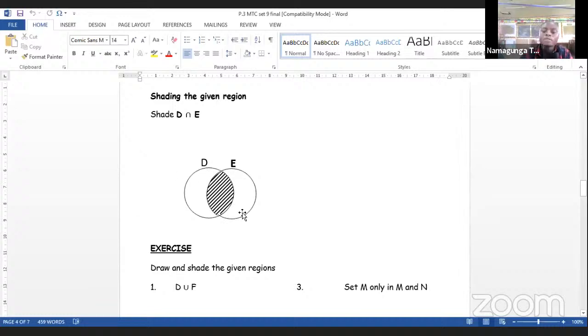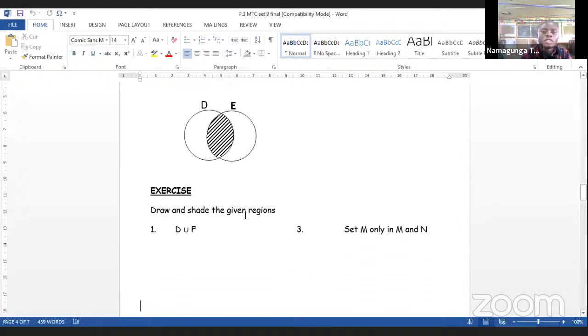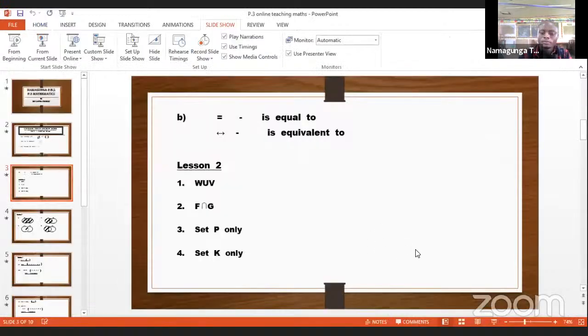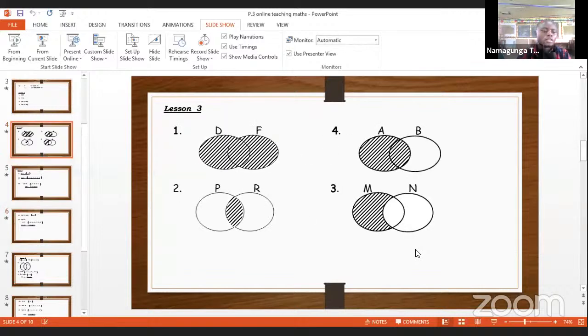So here we are having our exercise activity: draw and shade the given regions. Yes, that was our activity.